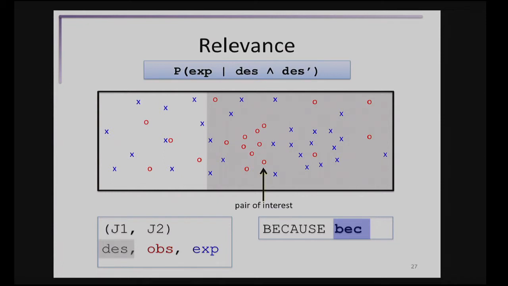The despite clause tries to maximize the probability of seeing the expected behavior. So given what I have, can I find the smallest subset of data that covers my pair that I'm interested in, and captures all the reasons why this pair of jobs should have behaved the way I expected it to behave?